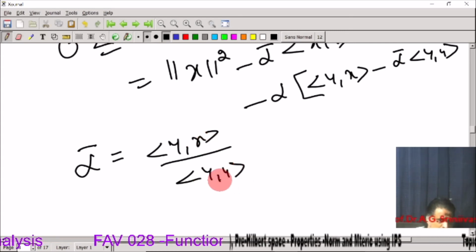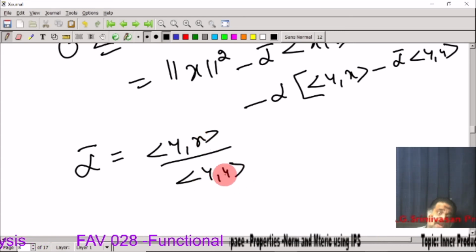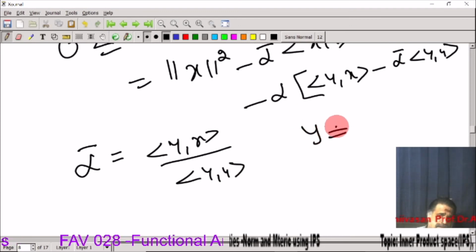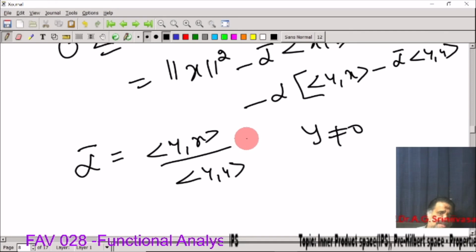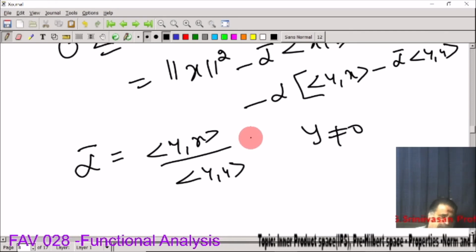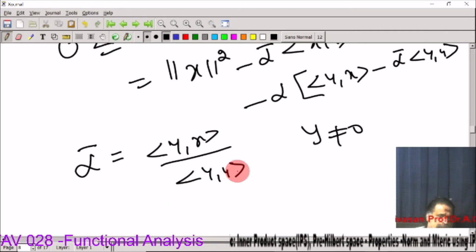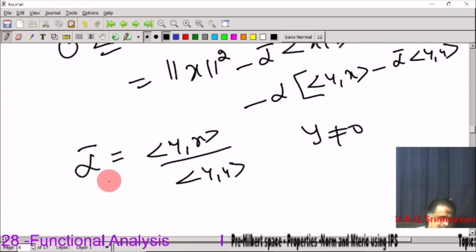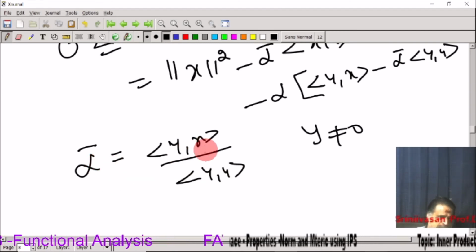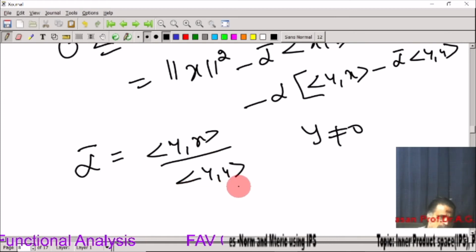Inner product yy is always a real number, and cannot be 0 because we assumed y is not equal to 0. Therefore alpha bar is a complex number if the field is C, or a real number and alpha bar becomes alpha.